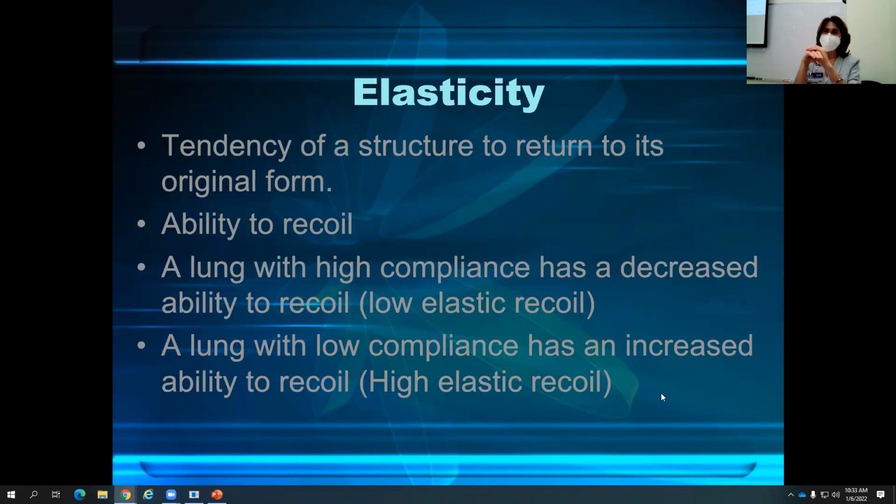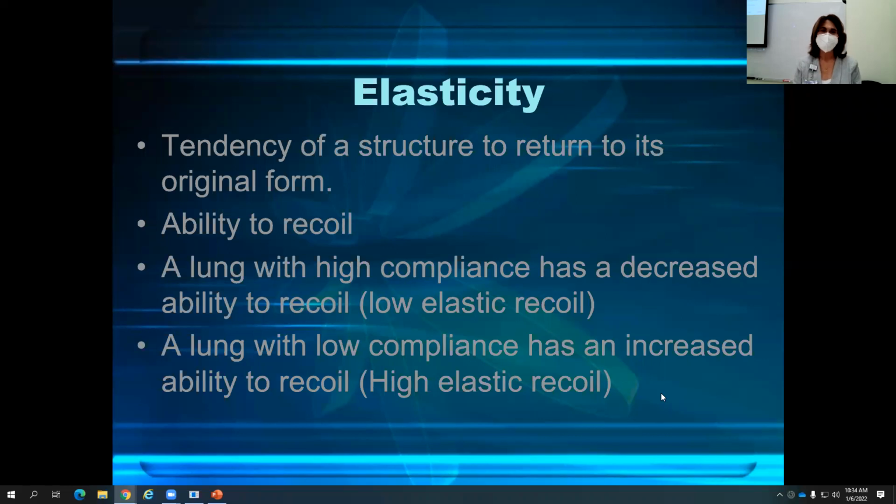It gets the air into the stiff lungs, and then on exhalation, boom, the lungs snap back into place. Because they're so hard and it's so hard to get them to stretch, they easily go back into their normal position, I guess we'll say.